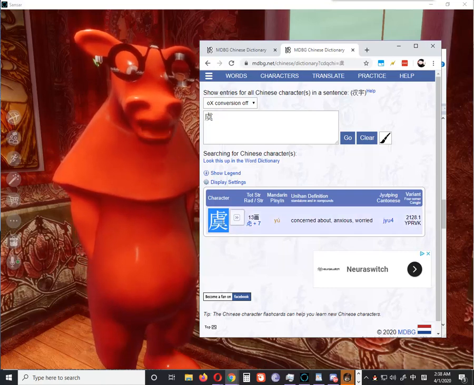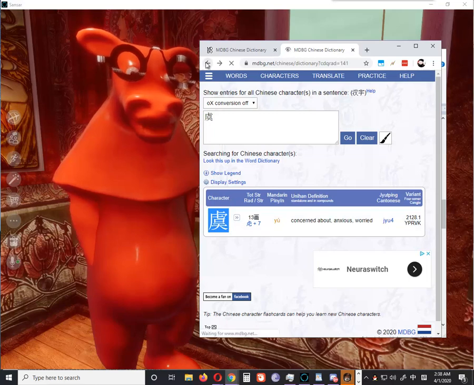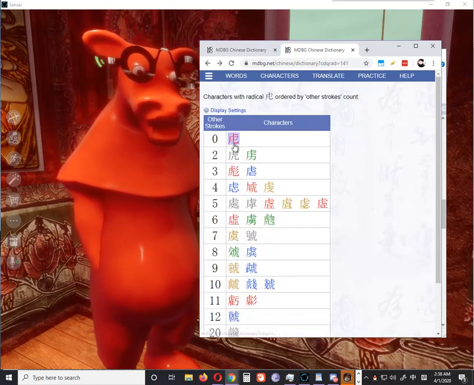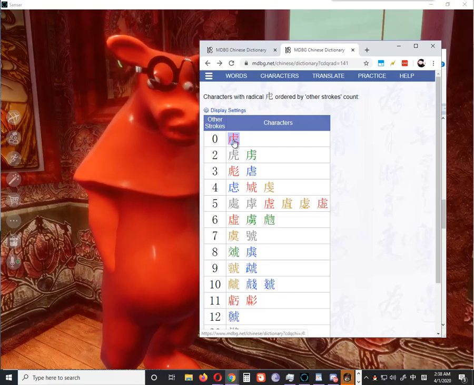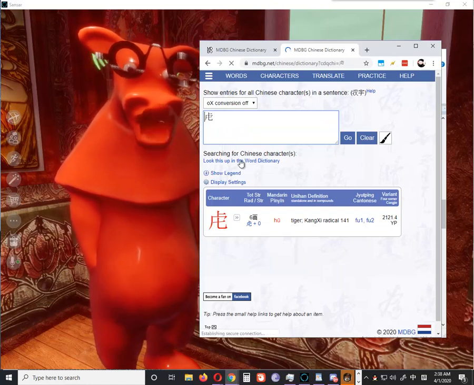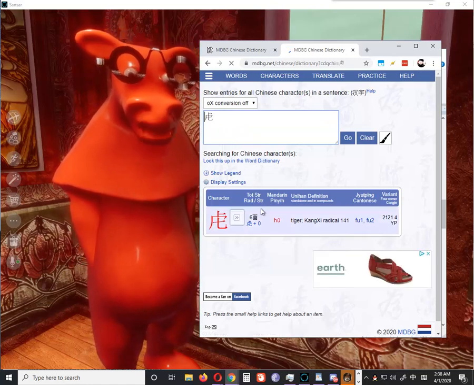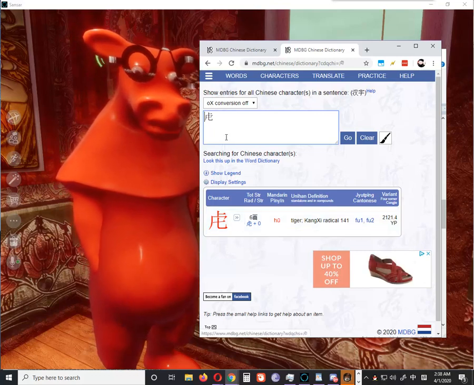Okay, now we were able to look up this one. Let's go back and try. One of the things that you think is, oh man, that took me an age to find. So you don't want to forget that radical. It's sort of like knowing the alphabet to know that. And it's who, right? Who.